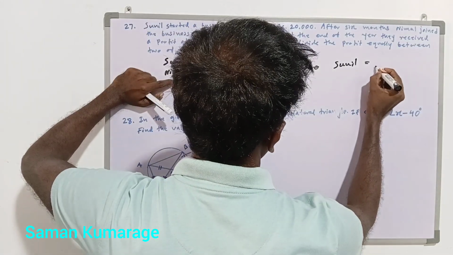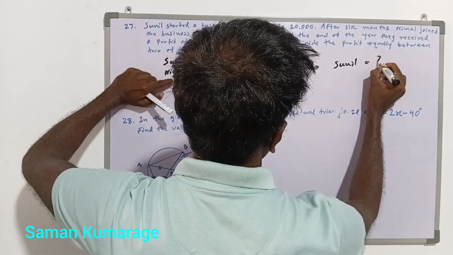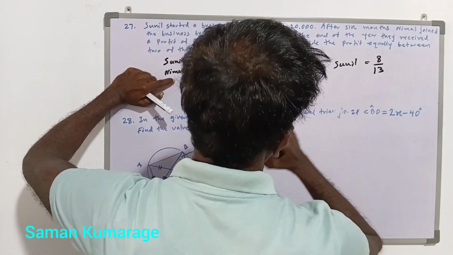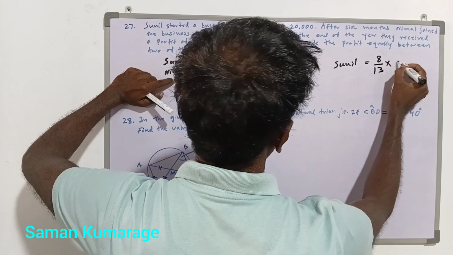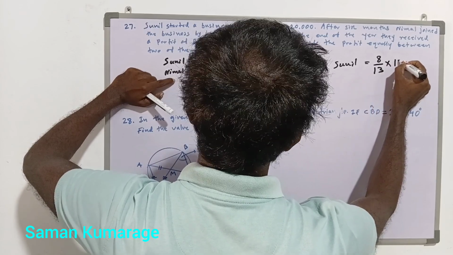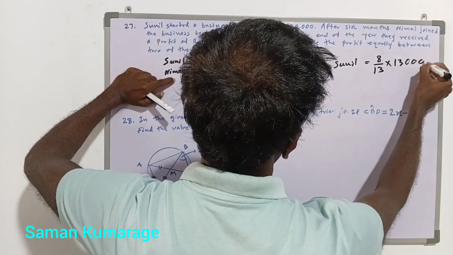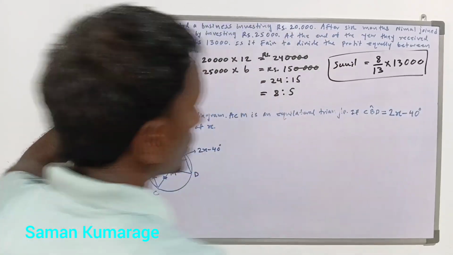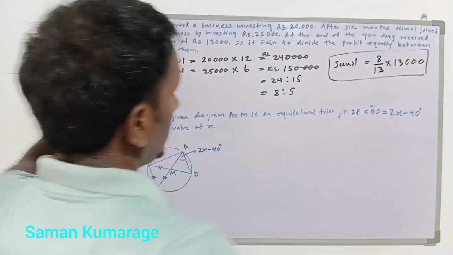Sunil should get 8 over 13 multiplied by 13,000. So if you calculate this, Sunil will get this amount of profit.